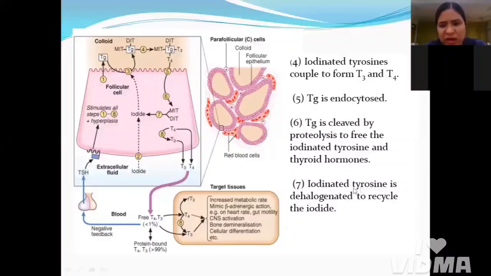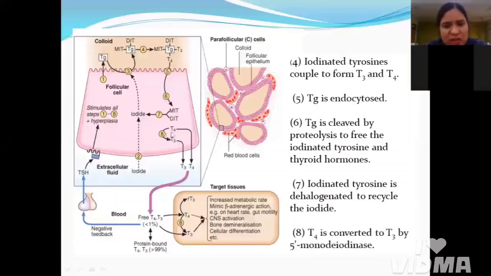Okay, the iodinated tyrosine is dehalogenated to recycle the iodide, and T3 and T4 are released. Okay, and this T4 can be converted to T3 by an enzyme known as 5-monodeiodinase enzyme. Okay, so T4 can be converted to T3.